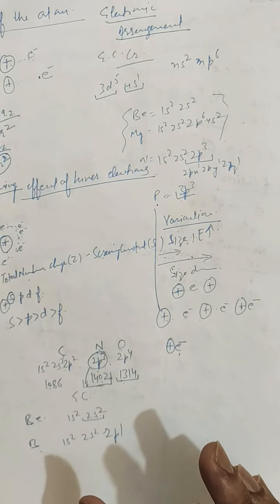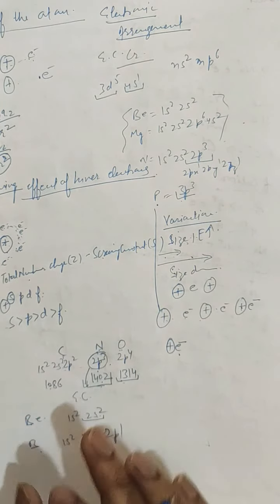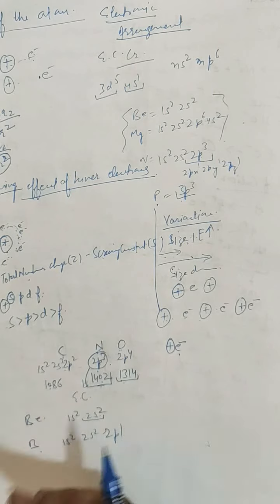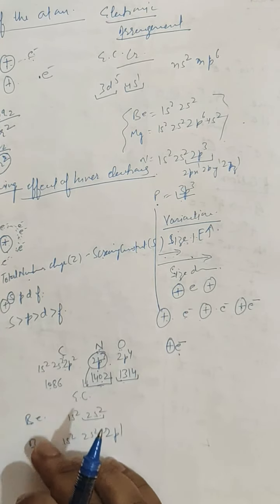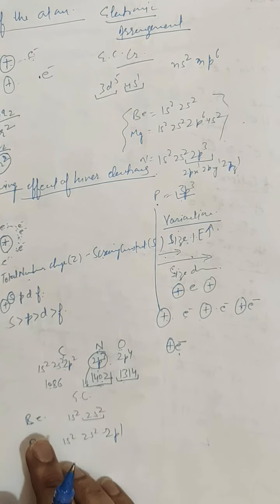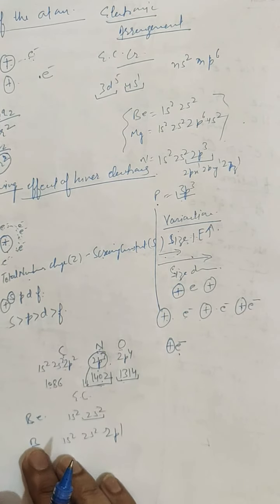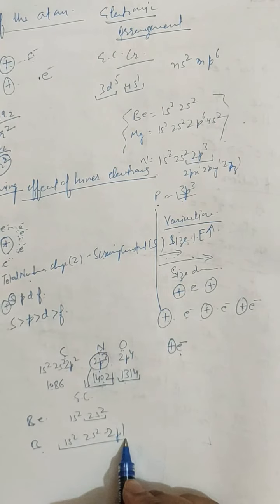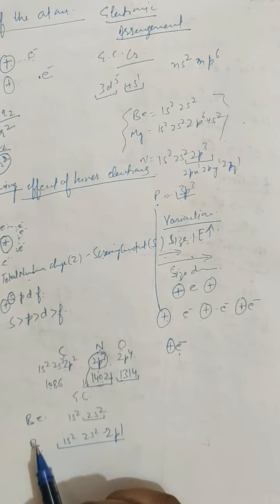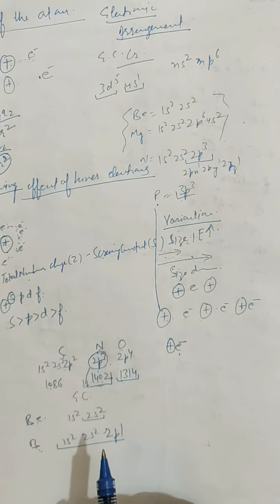You will never be asked about two unrelated elements. They will always ask about related elements, like beryllium and boron, which are adjacent to each other. You will be asked which of beryllium and boron will have higher ionization energy.